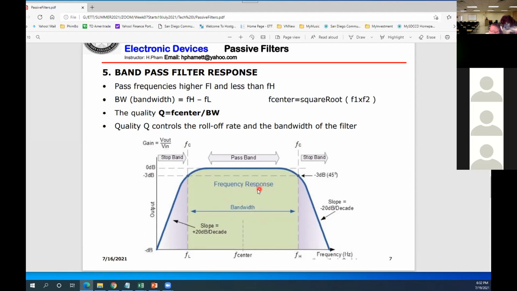This is the frequency response, the output versus frequency. From F low to F high, that's what they call the pass band. Below F low and higher than F high will be the stop band.